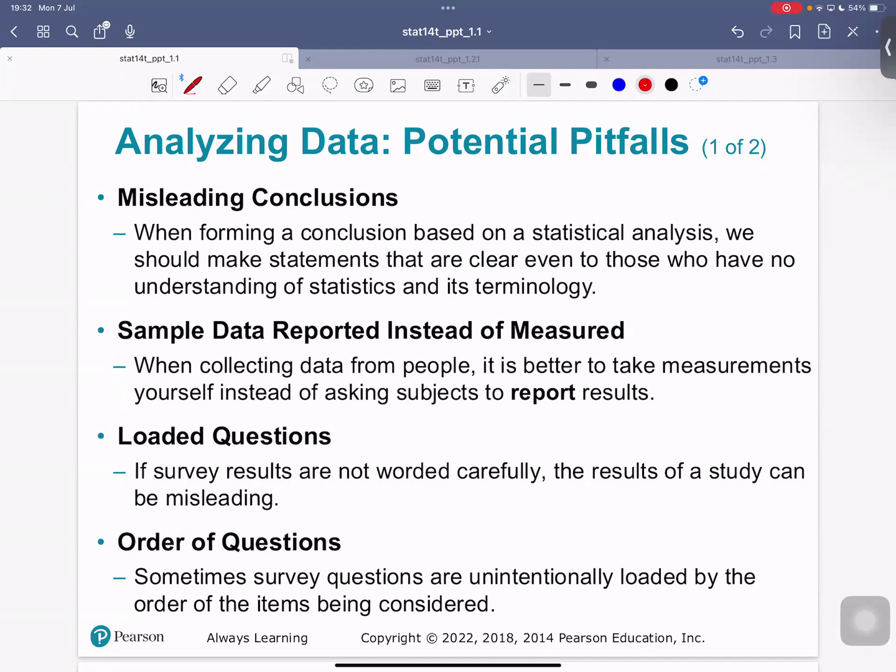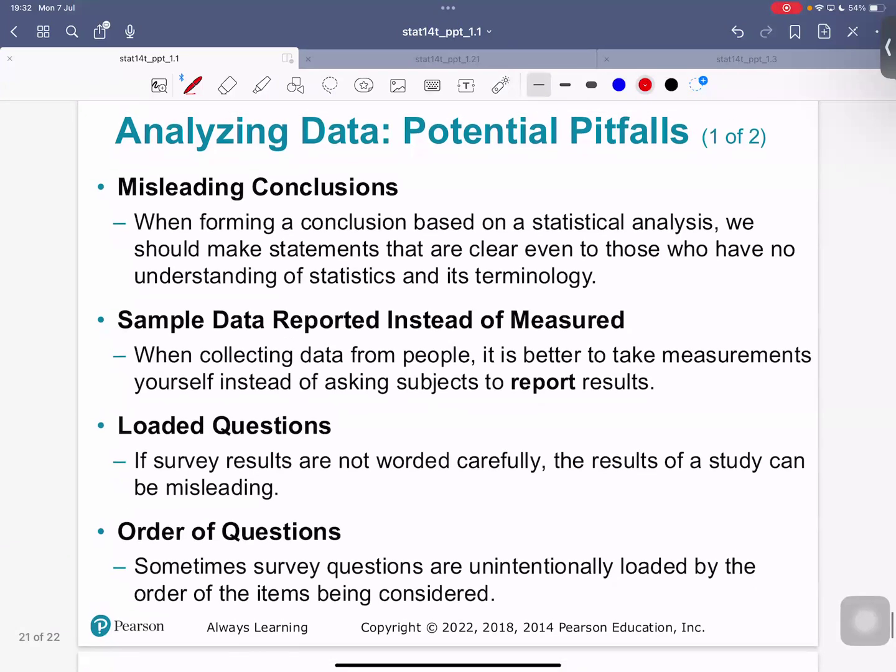I'm going to show you. So the misleading conclusion was from the previous one? Yes, same board. But now we understand the conclusion. It is supposed to make everybody who doesn't know statistics understand that, right? Somehow it fails.